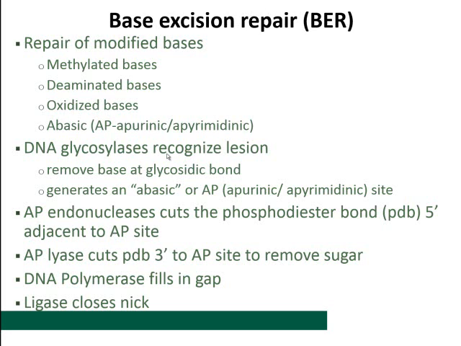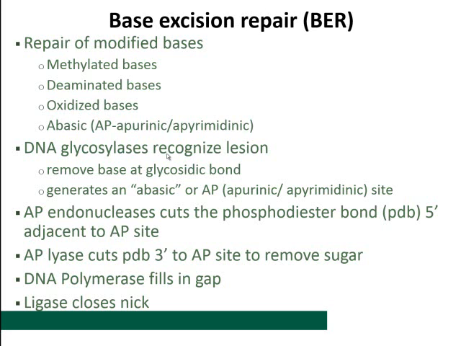This is the bond that connects the nitrogen base with the deoxyribose sugar, and it generates an abasic, apurinic, or apyrimidinic site. This is followed by AP endonucleases that cut the phosphodiester bond upstream or 5' adjacent to the apurinic or apyrimidinic site, and that is followed by AP lyase that cuts the phosphodiester bond 3' to the AP site to remove the sugar.